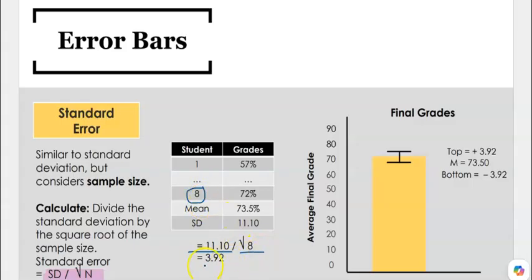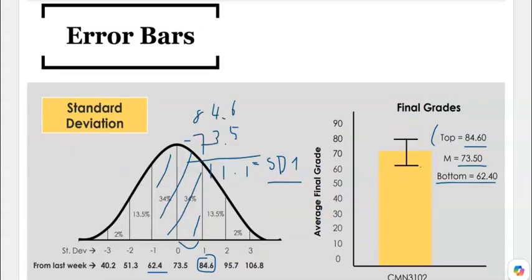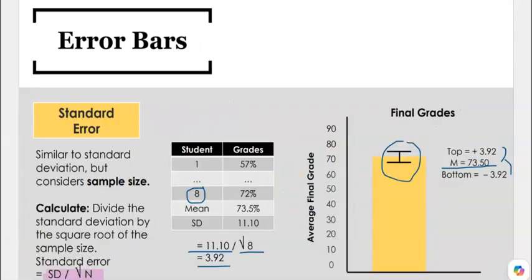You take the root and divide, and that gives the standard error. Now your mean value is here, and you can add 3.92 and subtract 3.92. That becomes your error bar now. So you can use the standard deviation itself, or you can use the standard deviation divided by the root n.